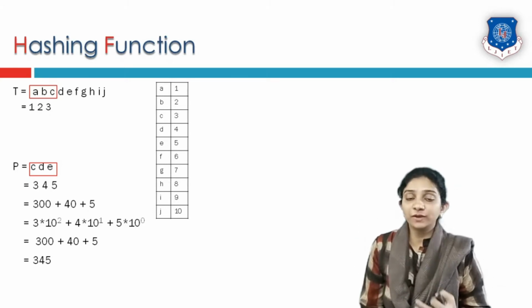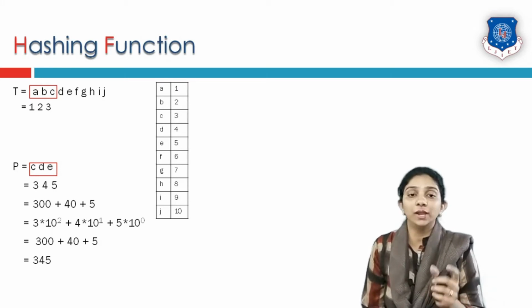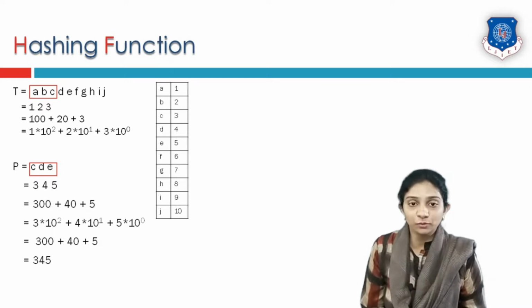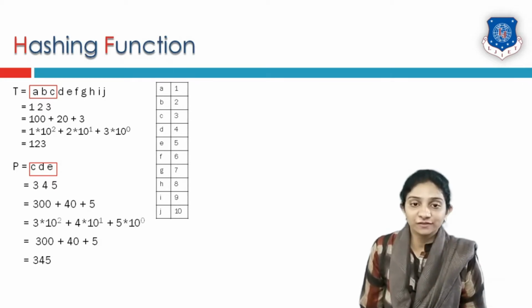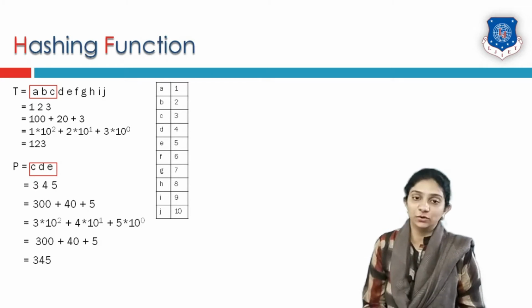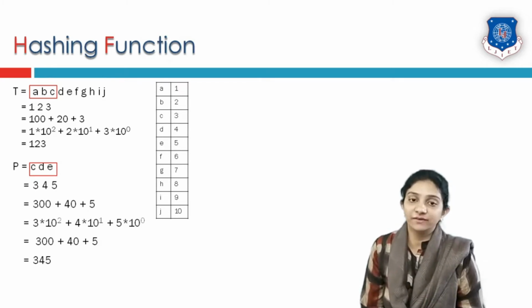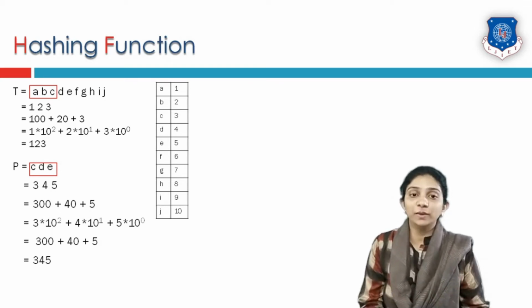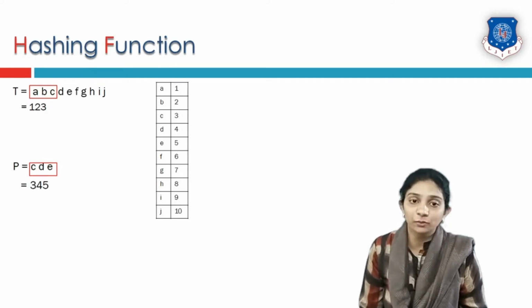Now these 3 different codes 1, 2, 3 must be converted into 1 equivalent number. That would be achieved as 1 into 10 raised to 2 plus 2 into 10 raised to 1 plus 3 into 10 raised to 0. That is equal to 123. So 3 equivalent numerical codes are combined and converted into a single numeric value.